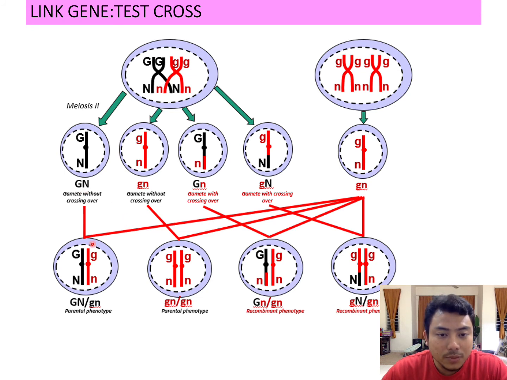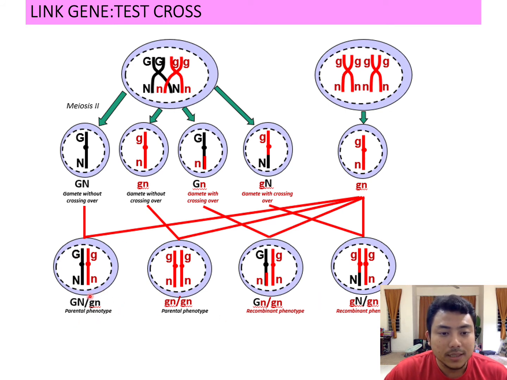So from this combination we have capital G capital N, and let's say it is fertilized with small g small n, it will give you capital G capital N and small g small n. But remember, the way of writing it is not capital G and then capital N with N like the dihybrid. No, you need to combine together G and N for capital G capital N, then slash with small g small n. And then you continue the process.